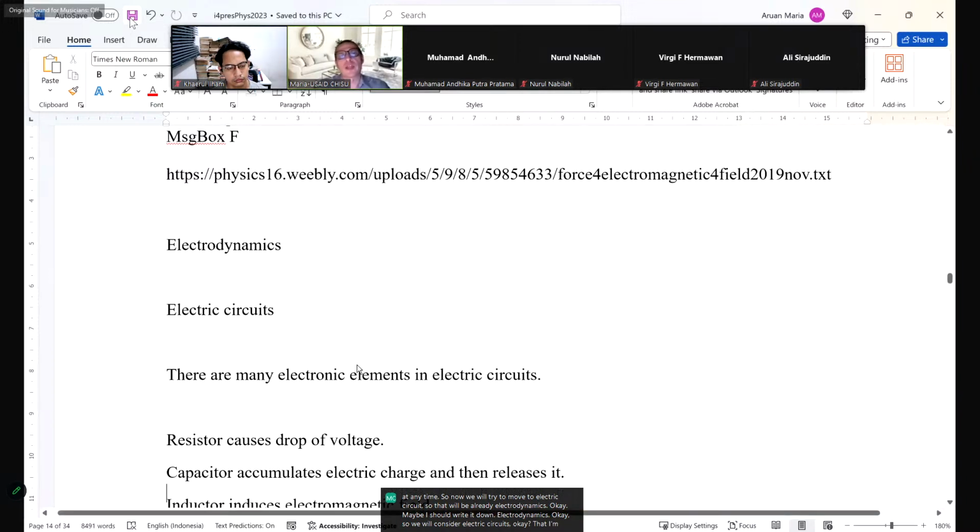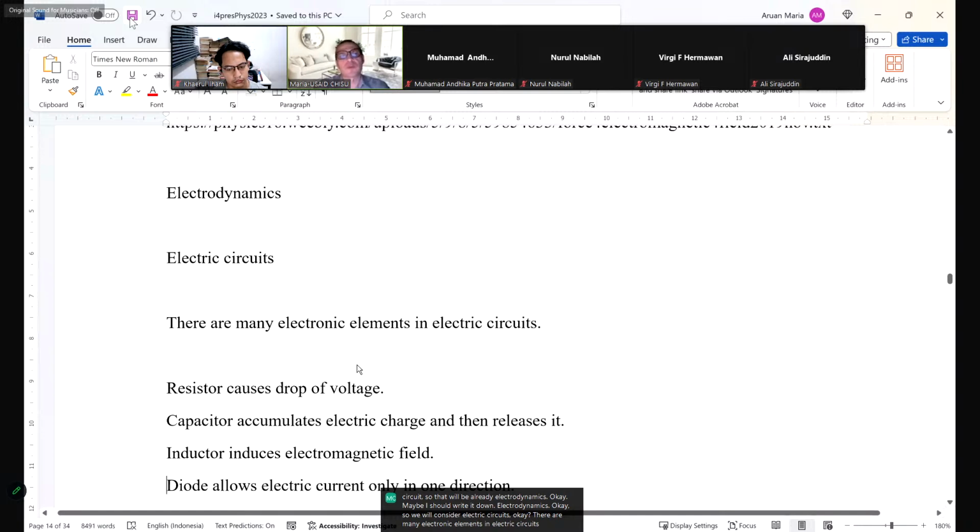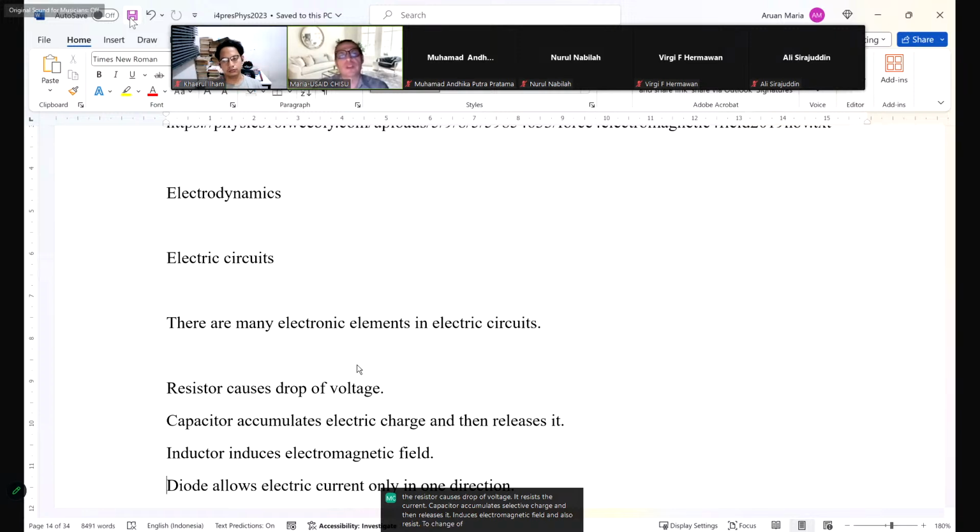There are many electronic elements in electric circuits. For example, resistor causes drop of voltage. It resists the current. Capacitor accumulates electric charge and then releases it. Inductor induces electromagnetic field and also resists change of electromagnetic field, just like mass resists acceleration.